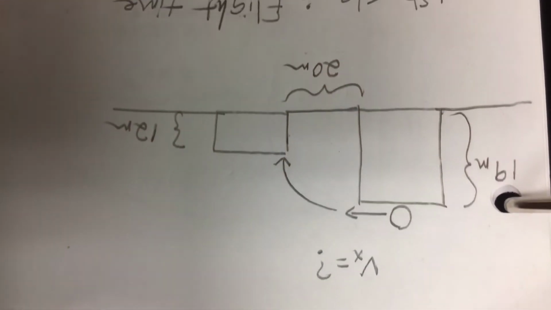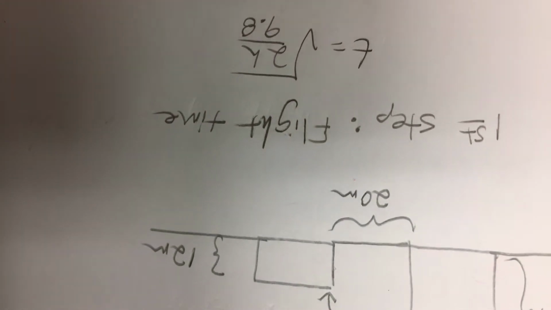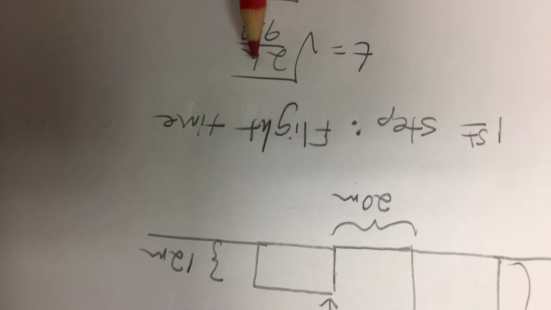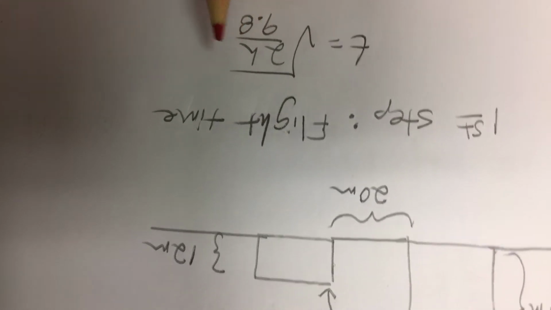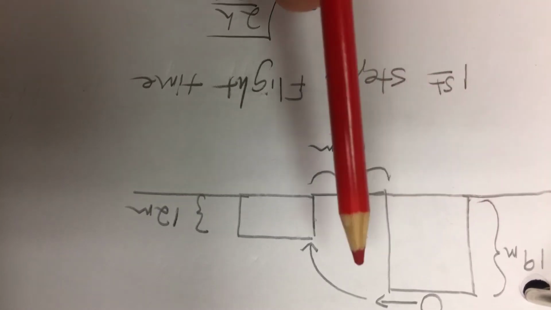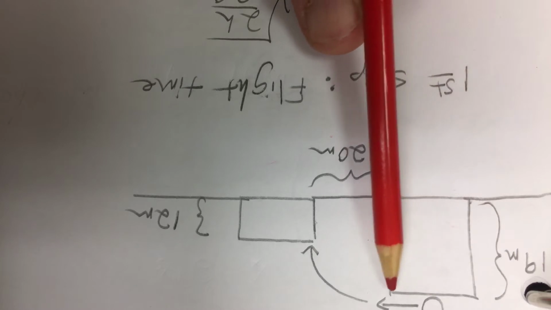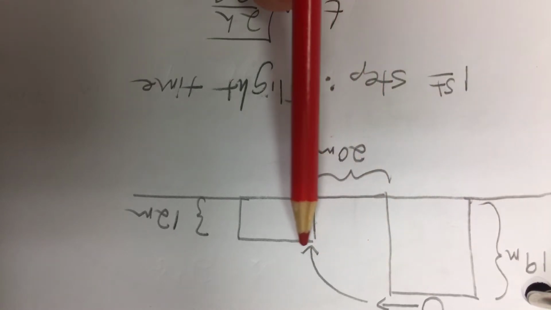Again, the first step is to find the flight time, using the same equation. Now, the height here, though, is not the height of the second building. It's not the height of the first building. It's going to be the height of the fall. And it is only falling from this height up here to this height here.